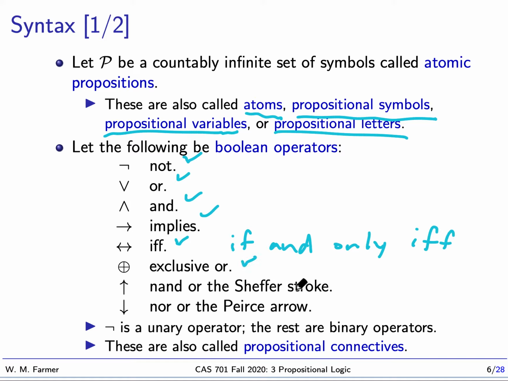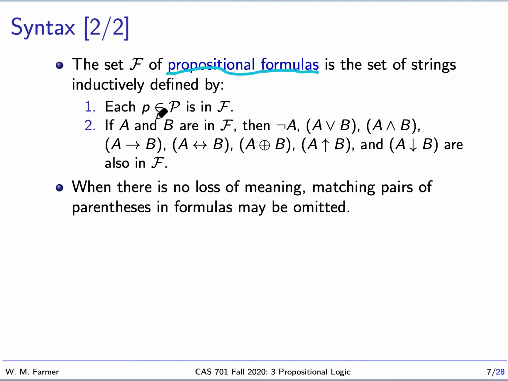Now, we can define a set of propositional formulas. This is what we really want to understand and study. These are going to be strings that are inductively defined by two rules. The first rule is every atomic proposition is a propositional formula. That's what this says.